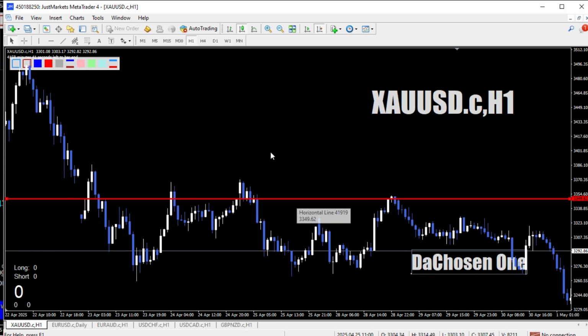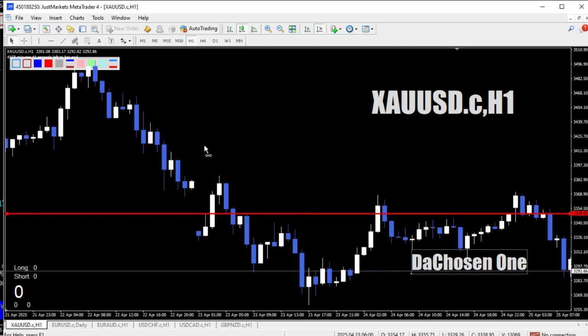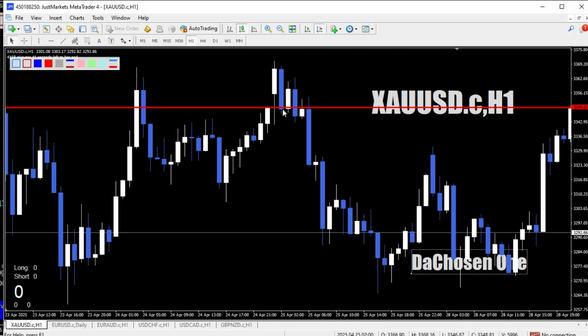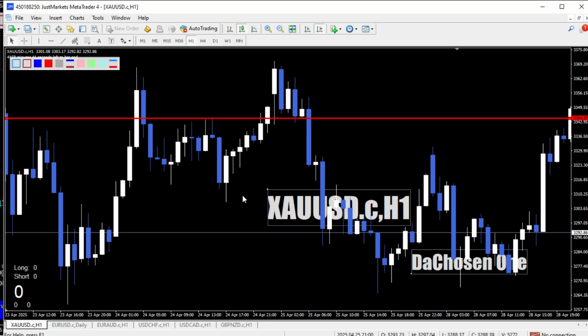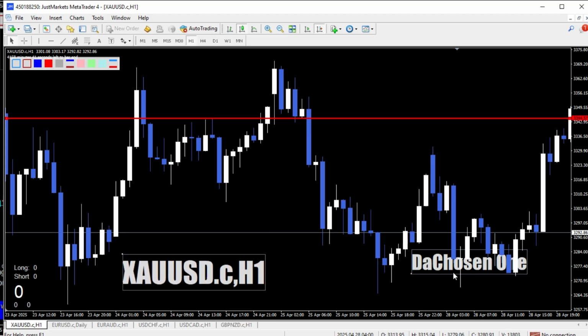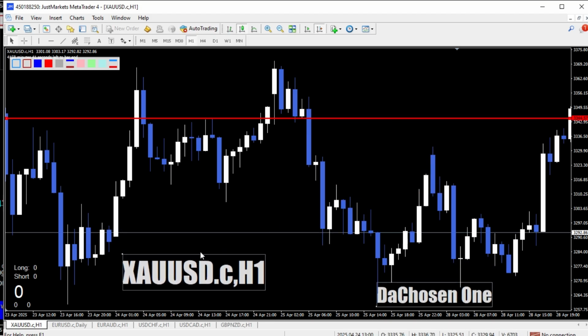And here's a beautiful setup, guys. As you can see, price broke structure over here. Shoulder, which is a high, a head, which is a higher high. And what's this, guys?